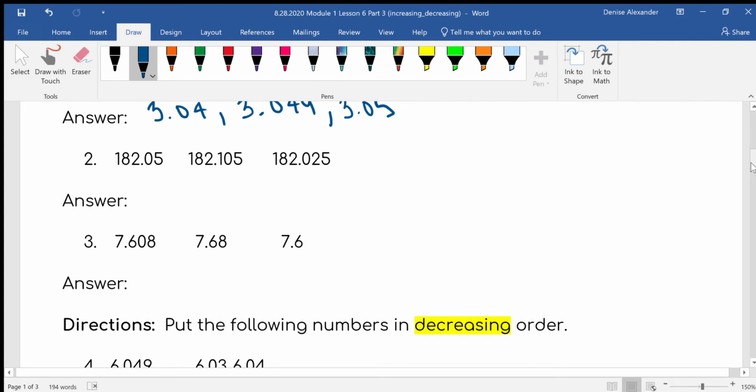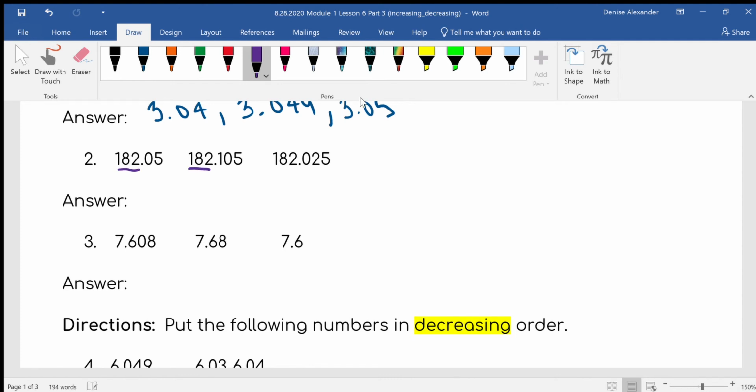Again, we're going increasing. I'm going to change my color. Let's go purple. Oh, look, 182, 182, 182. So guess what? I know the first number is 182. Now I'm going to look. I have a 0, I have a 1, and I have a 0. Well, I know this one's going last because the 1 is bigger than both zeros.